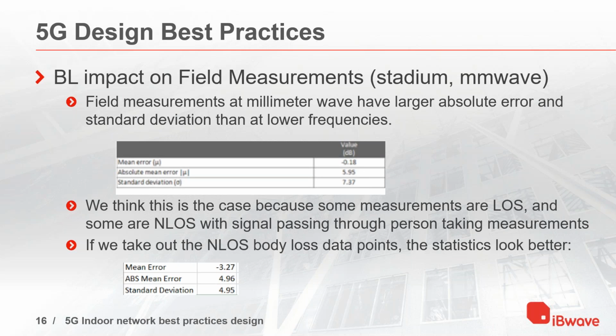But when I took out the points where I had 15 dB or more loss, I got the statistics you see below. So the conclusion is that 15 dB is what I should have as a body loss. When I do that, my statistics start making more sense. That is why we suggest putting 15 dB body loss in there for your design.